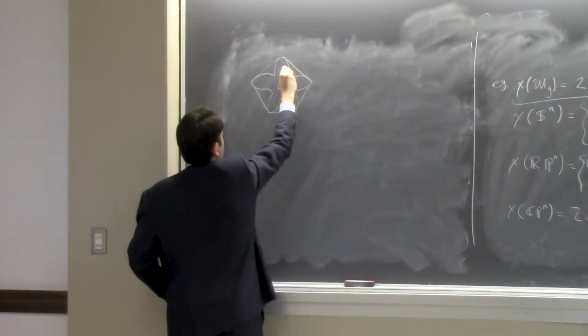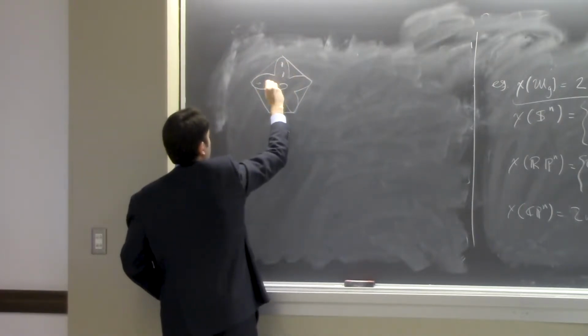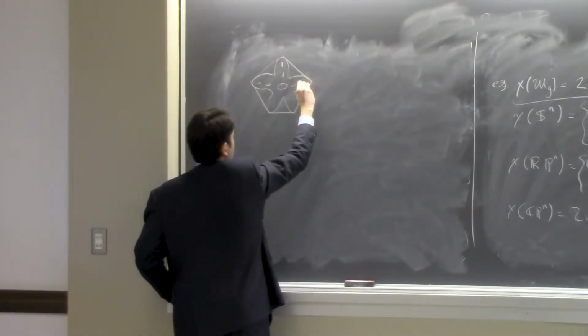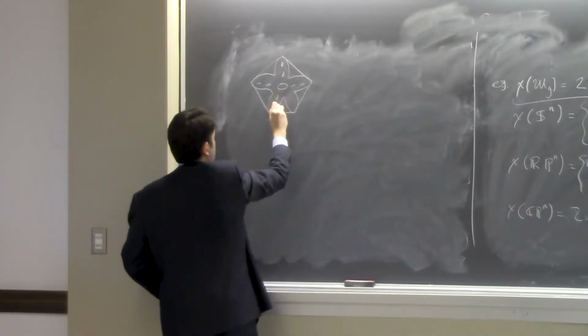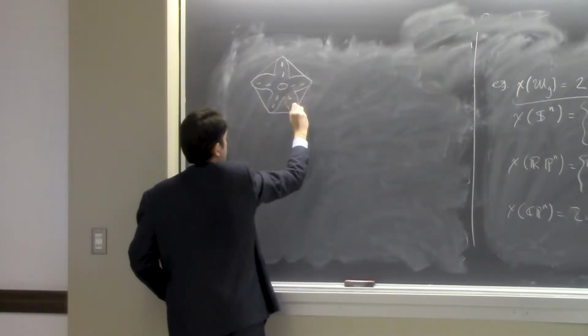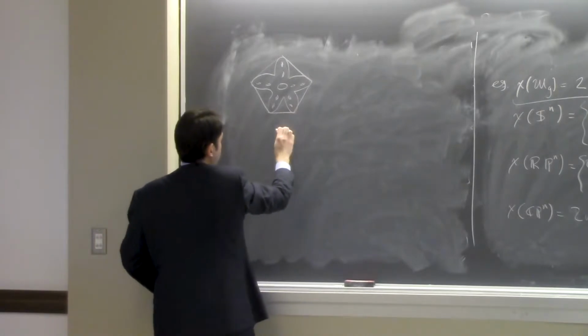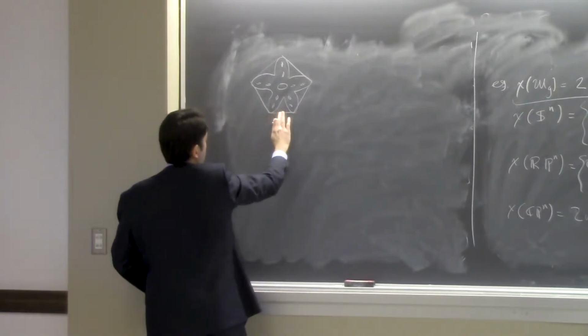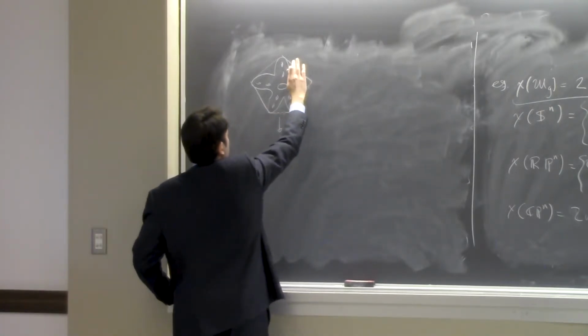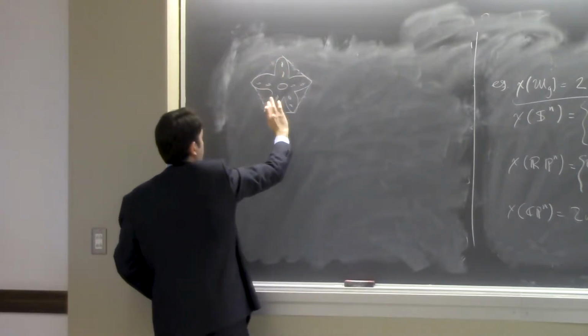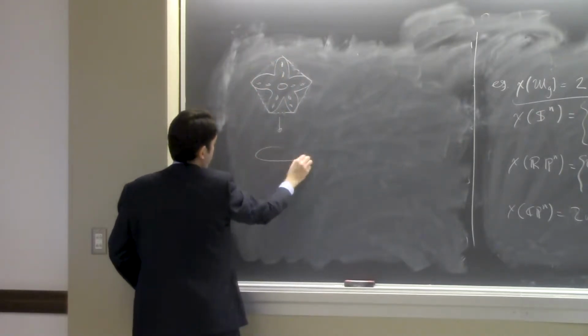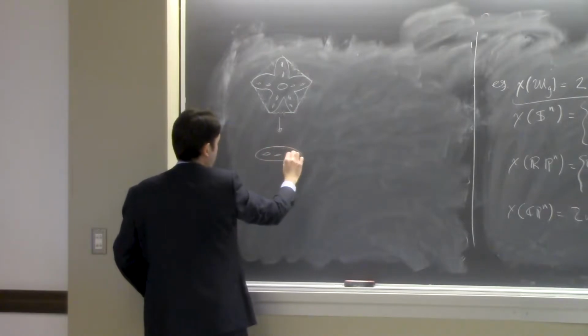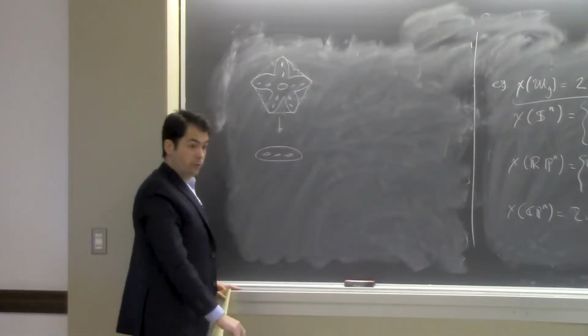And then on each leg of the star we put 2 holes. And this, with the pentagon just for drawing, is a cover of the surface with 3 holes.